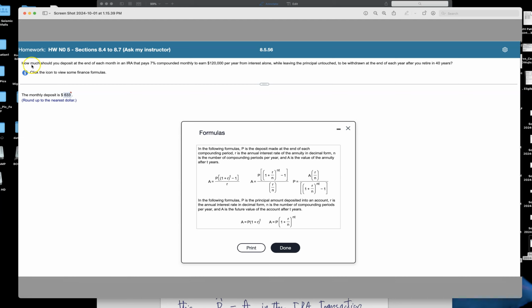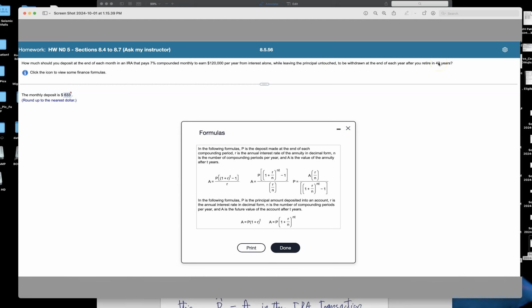They ask how much you should deposit at the end of each month in an annuity transaction that pays 7% compounded monthly to earn $120,000 per year from interest alone, for a retirement in 40 years.